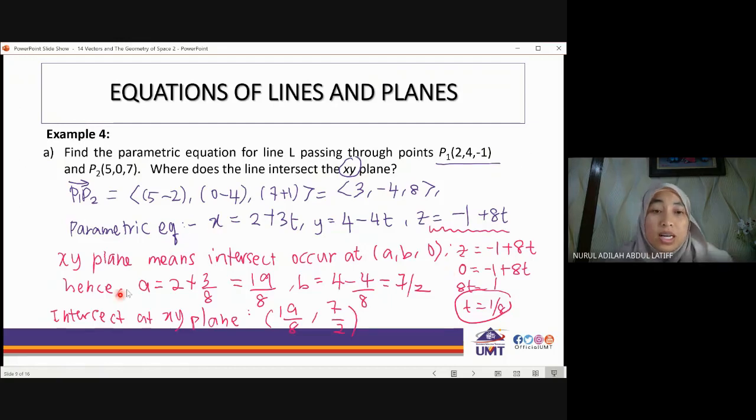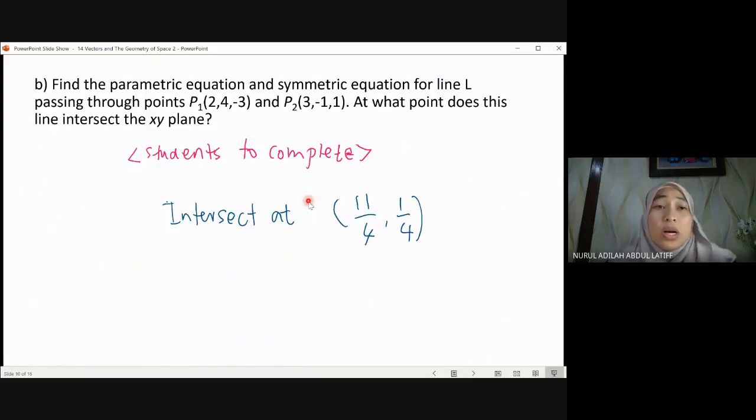Now we can find what a and b are. After we get t is equal to 1 over 8, just substitute it into the x and y equations, and you will get a is equal to 19 over 8 and b is equal to 7 over 2. So the intercept at the xy plane is 19 over 8 and 7 over 2. Now find the parametric equations and symmetric equations for line L passing through points P1 (2, 4, negative 3) and P2 (3, negative 1, 1).